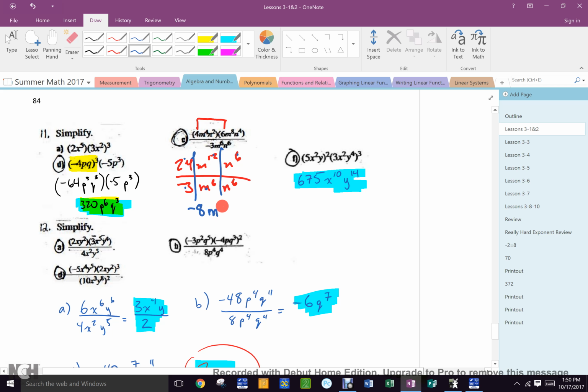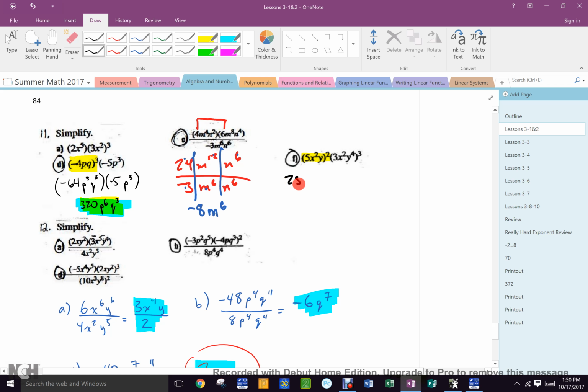I'll get to that right now. So F is a problem for you guys because of that exponent out there. What is the base there? What's the base, Sam? Is 5 part of the base? So does 5 get squared?